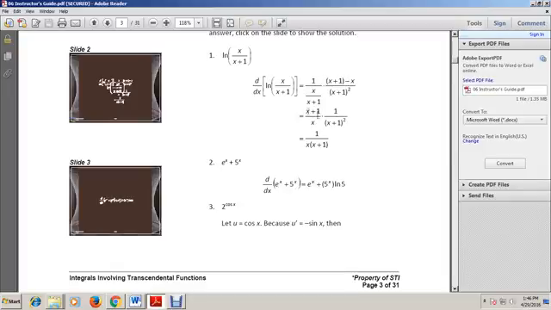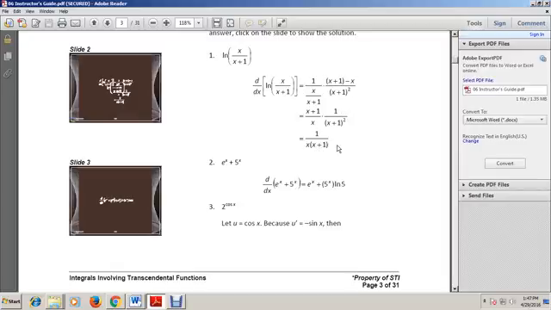Now, x plus 1 here can be cancelled by one of the x plus 1 in this denominator. So you cancel one of the terms x plus 1, and what is left is the other factor x plus 1. So what is left is 1 over x times (x plus 1).